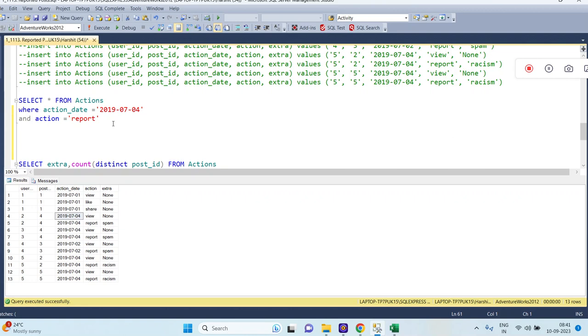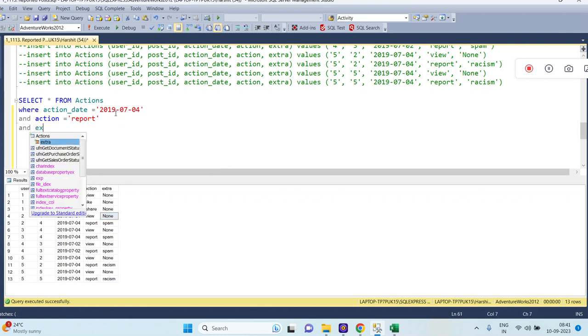And now, based on the group by of this extra column, on that particular date, we have to identify how many distinct posts have been reported. In some of the extra column they have given us the none value, so we need to eliminate this none value.